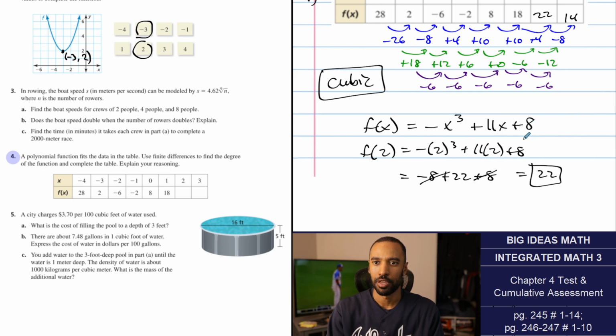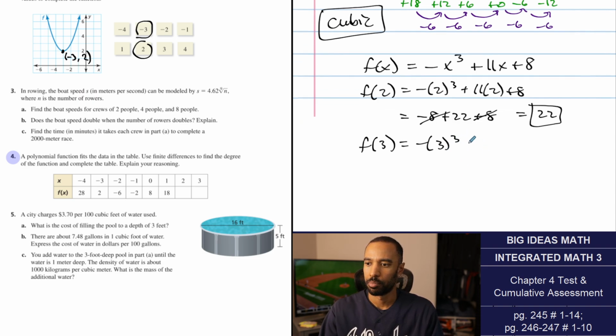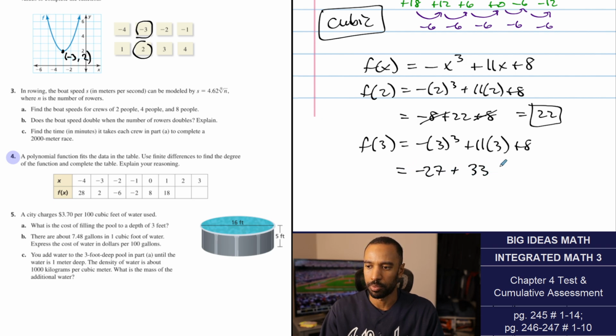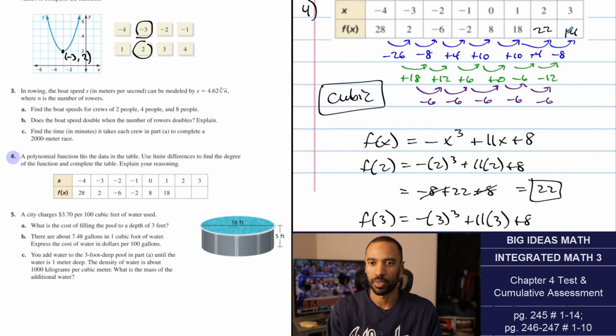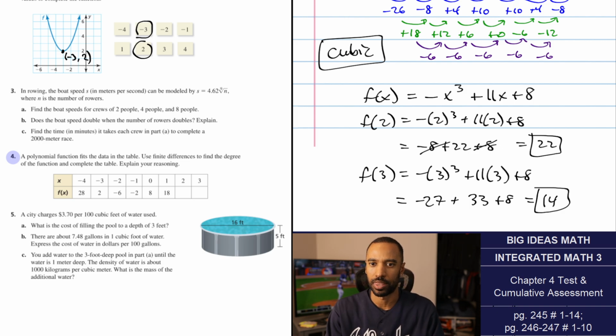And then f of 3 is negative 3 cubed plus 11 times 3 plus 8, which is negative 27 plus 33 plus 8. Negative 27 plus 33 is 6. 6 plus 8 is 14, which is what we got up there. So two different ways to confirm it, either trickling up from that or what we have there. Either way works with that given equation. Okay, explain your reasoning. I did plenty of that.